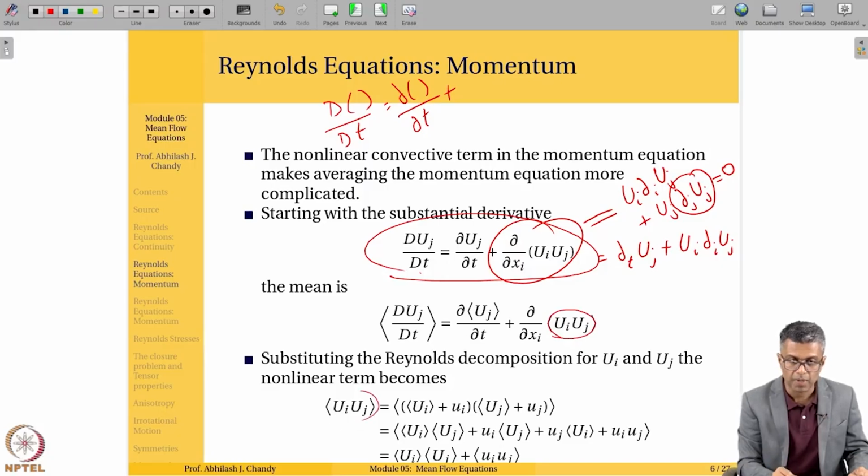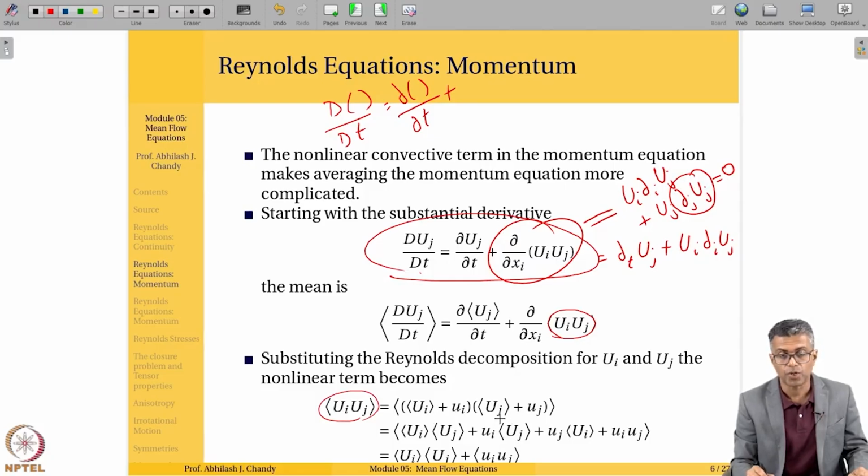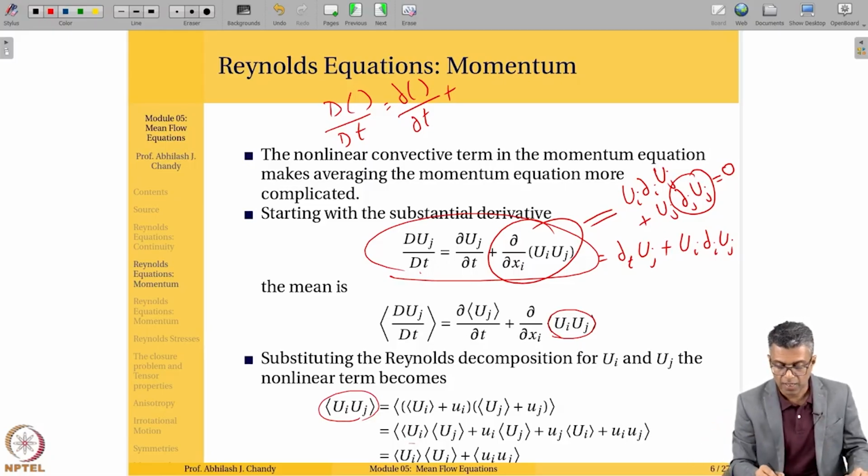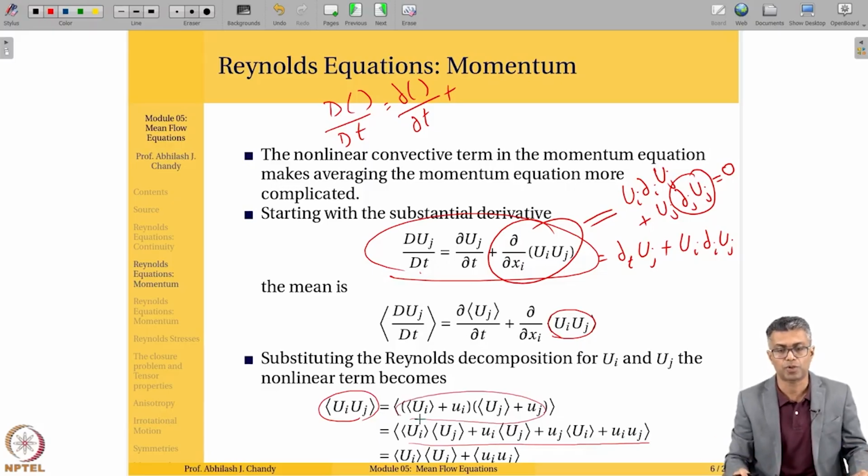So the mean of ui uj becomes the mean ui plus ui fluctuation, multiplied by the mean uj plus uj fluctuation. Then you will have ui mean uj mean, plus ui mean uj fluctuation, plus uj mean ui fluctuation, plus ui uj fluctuations. This is obtained by multiplying this through using the distributive property, and then you take the mean of all of that.